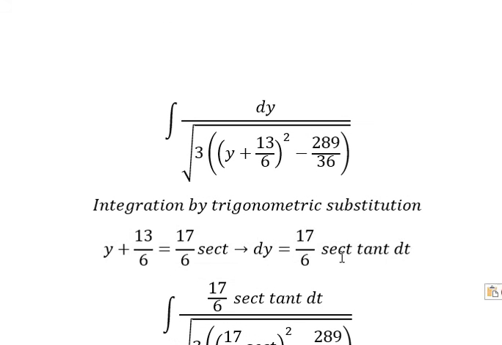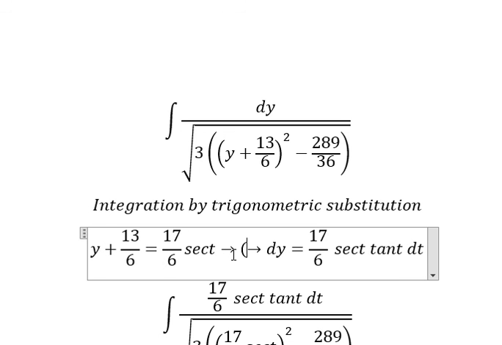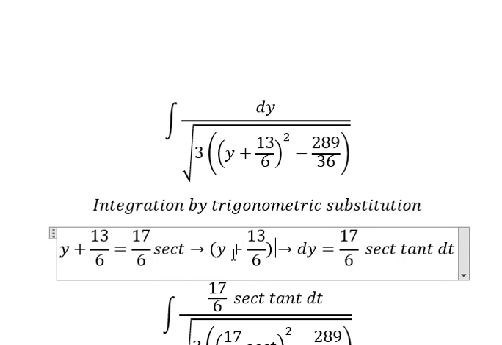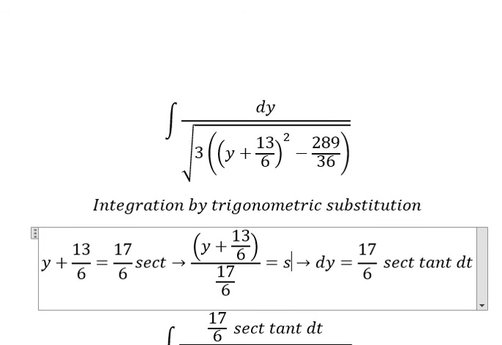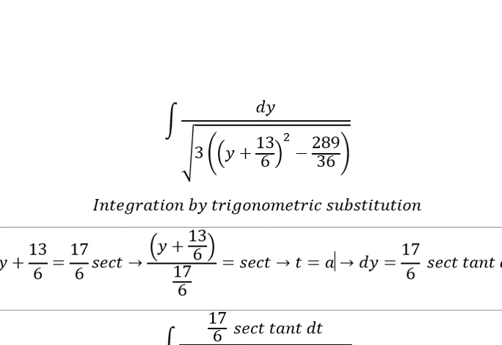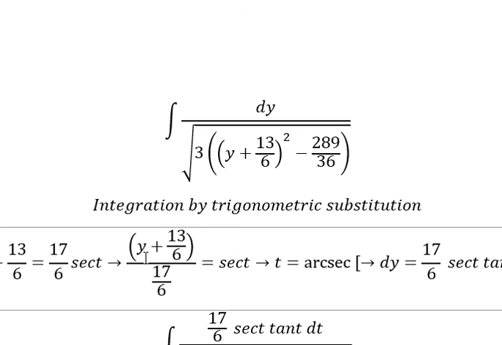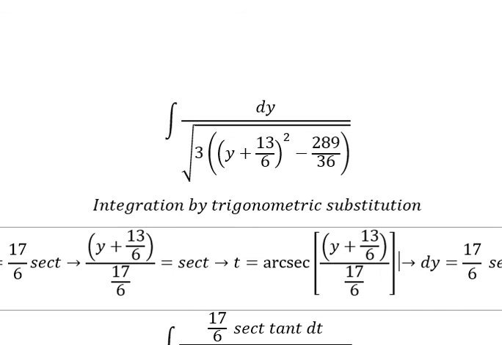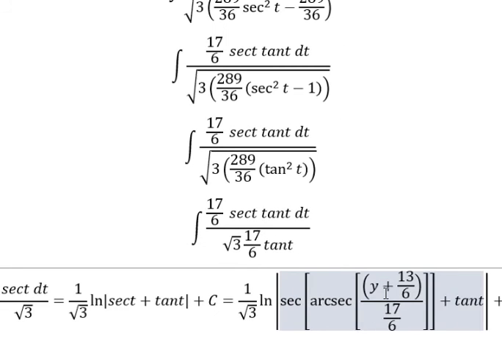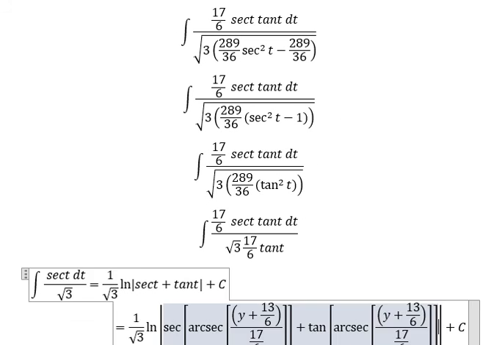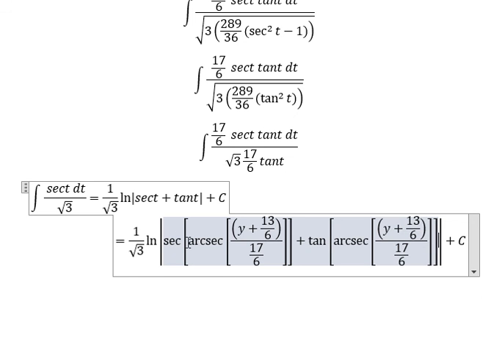About t, we need to return back to this one, so we divide by 17 over 6. And we got t equal to arcsecant of this one. So we put this one to replace t. And we know that arcsecant, this one.